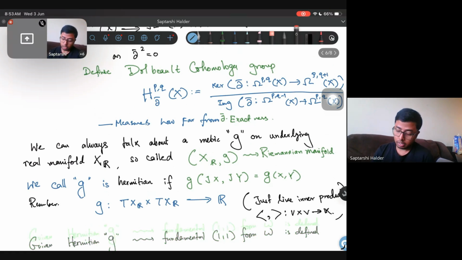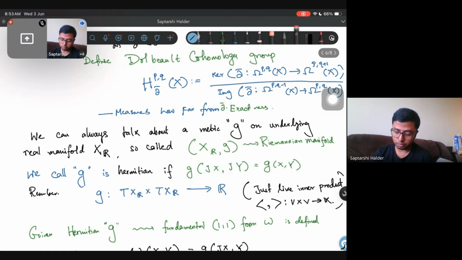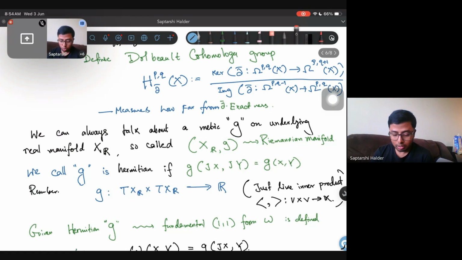Now what we can always talk about is a metric, which we call G, on the underlying real manifold X_R. We call X_R with G a Riemannian manifold when G is a Riemannian metric. Now we call this G a Hermitian metric if this condition holds.